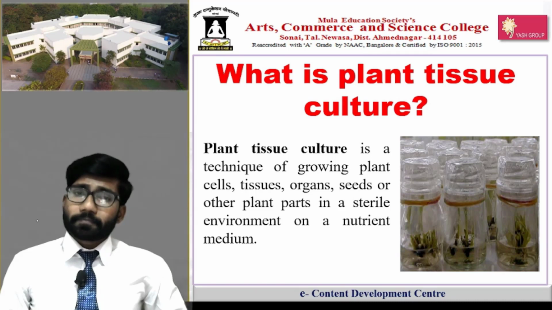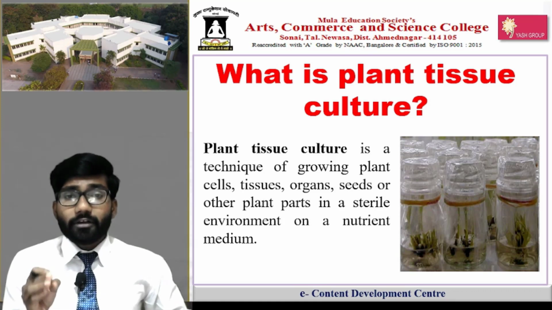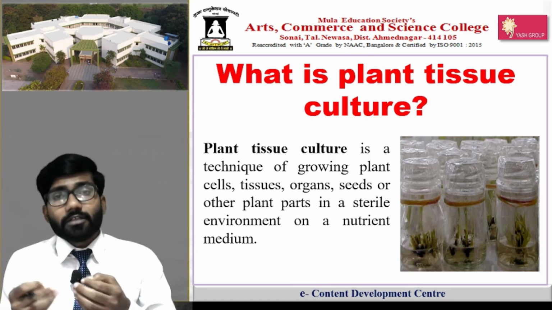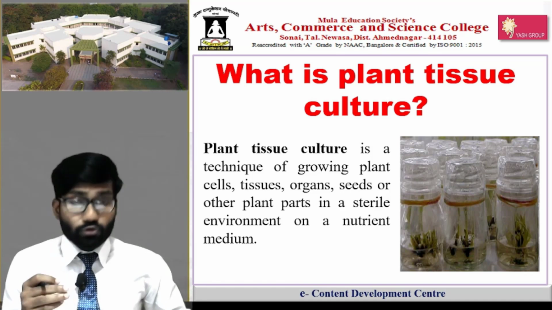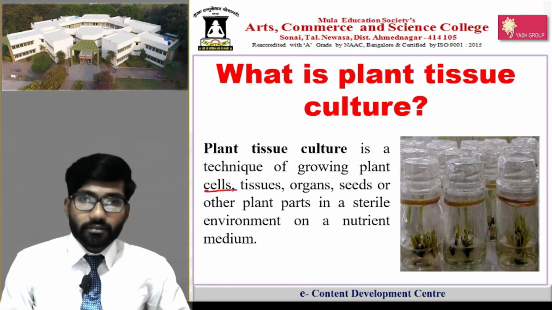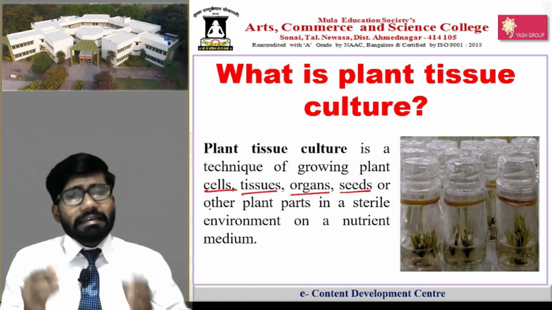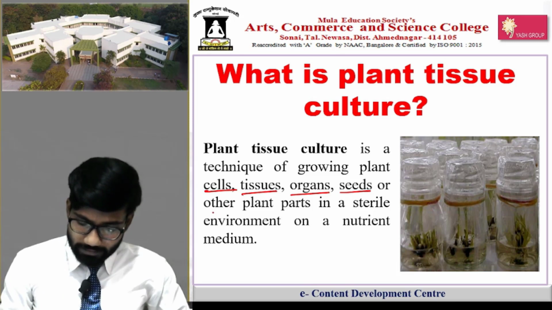We can select any part of the plant, because plants have these properties. So we can select some cells, tissues, organs, seeds or any other part of the plant in a sterile environment.